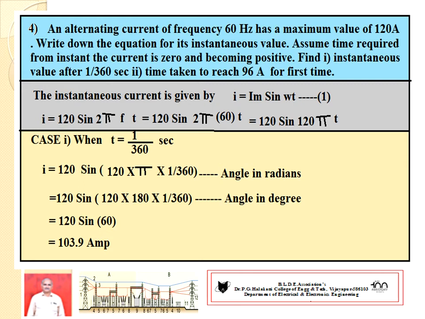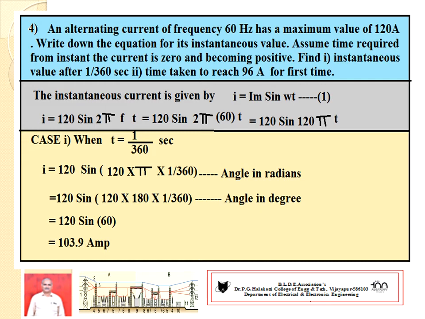So, you write down all the given data. F equal to 60 Hz, maximum value Im equal to 120 ampere. Case number 1: when t equal to 1 divided by 360 second, calculate the instantaneous current, small i equal to how much? I equal to 120, the maximum value, sine of 120 pi t.